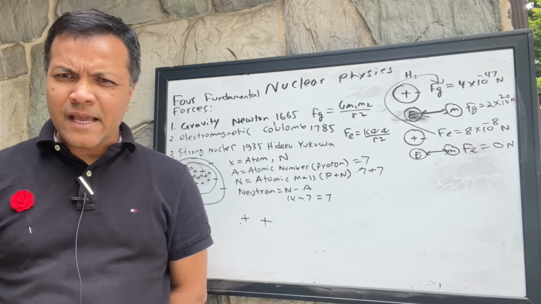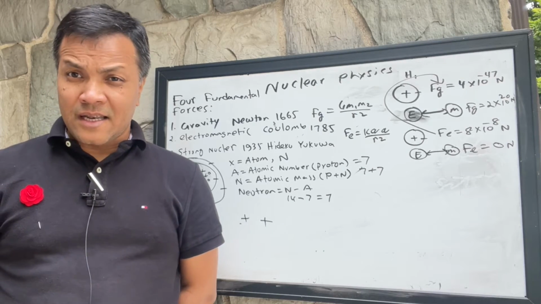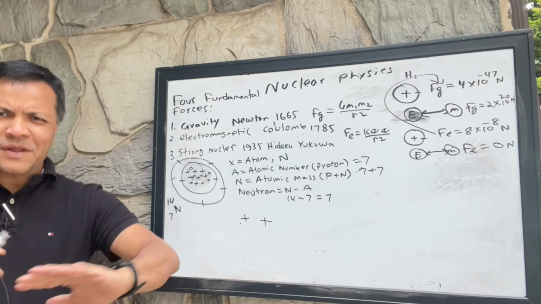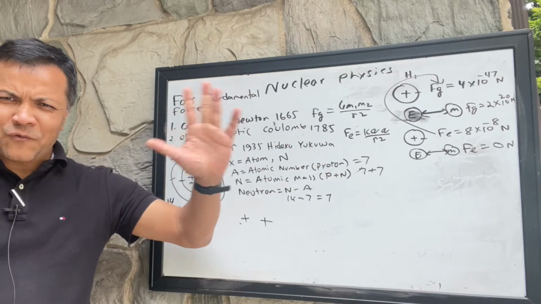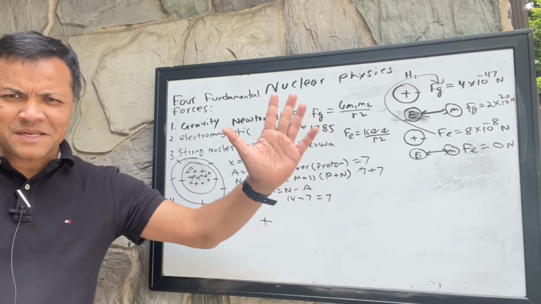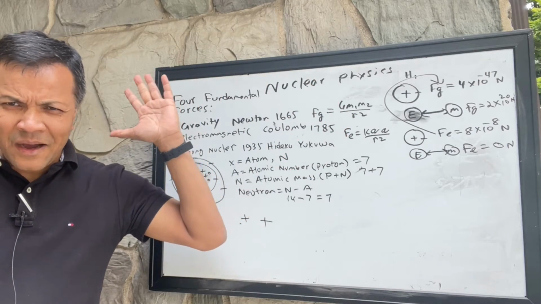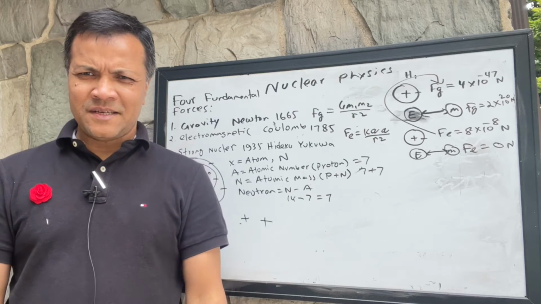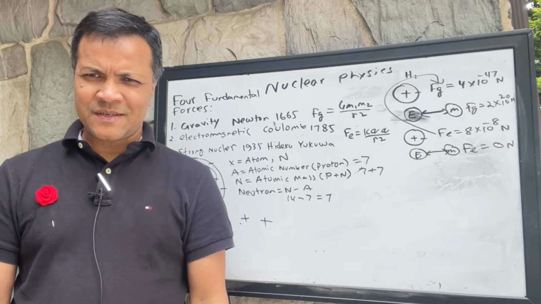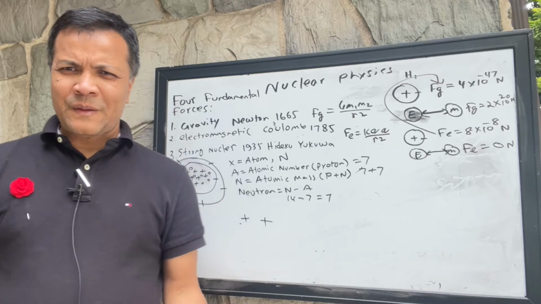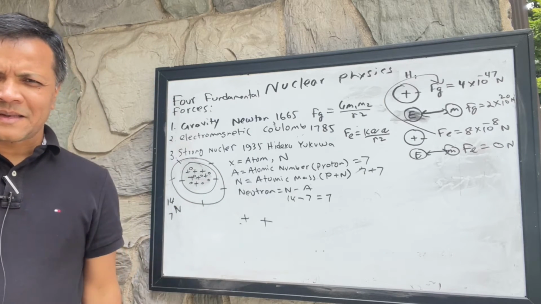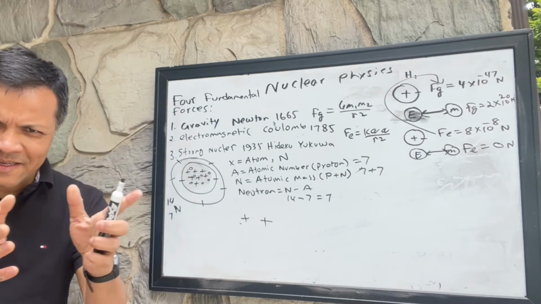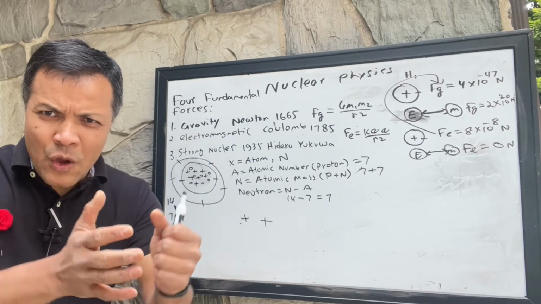And that is the case for every other atom except hydrogen, be it helium, lithium, beryllium, boron, carbon, nitrogen, oxygen, sodium, aluminum, any atom that you are talking about should be unstable, because like charges repel.